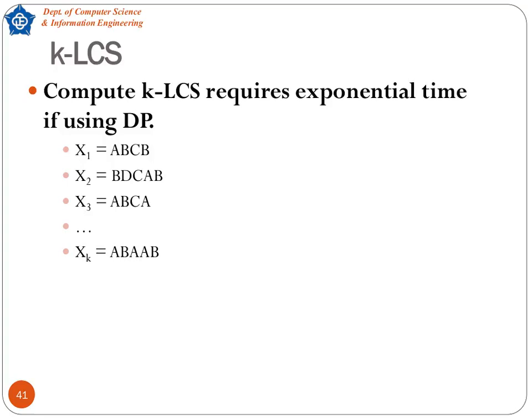At each DP update, you must consider every possible index combination across those k strings. In other words, the total number of states, and thus the time required, grows on the order of n^k, making an exact KLCS solution infeasible as k increases.